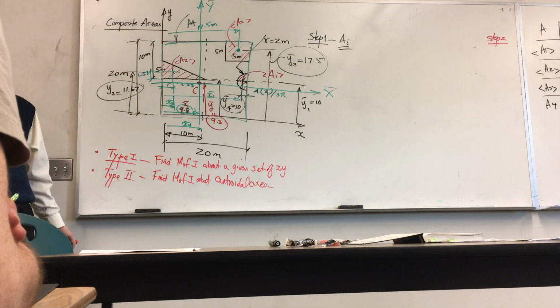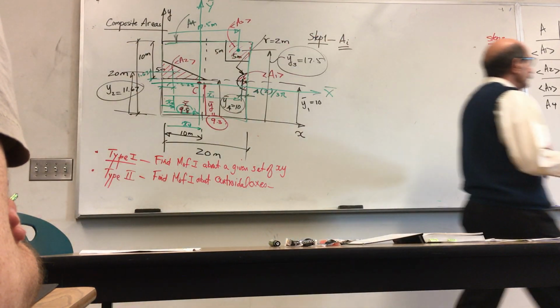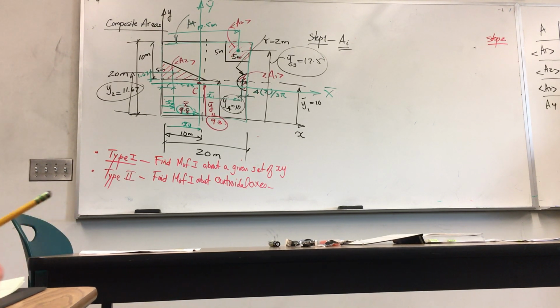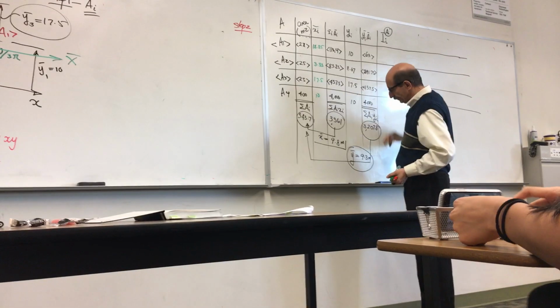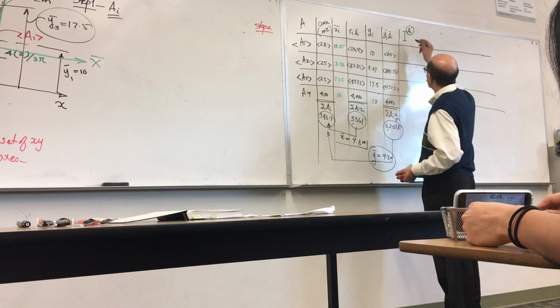So what do you do now? You form a new column. Call that I sub each area about its own centroidal axis.